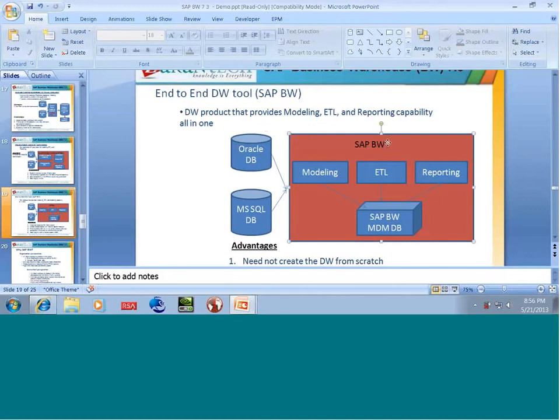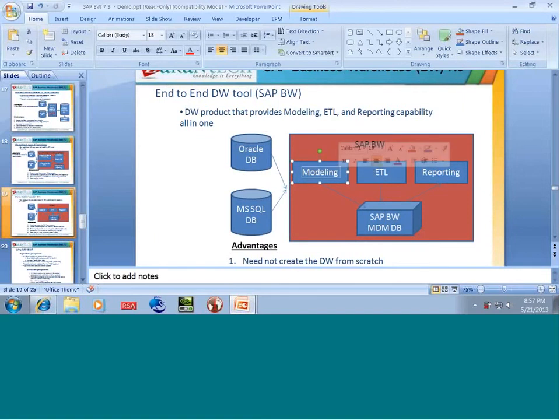So what the SAP BW functionality provides is, it is the number one data warehousing solution in the marketplace. It contains the data warehouse in it. It also contains the tool required for modeling. It contains the tool required for ETL. It also contains a suite of reporting functionalities.